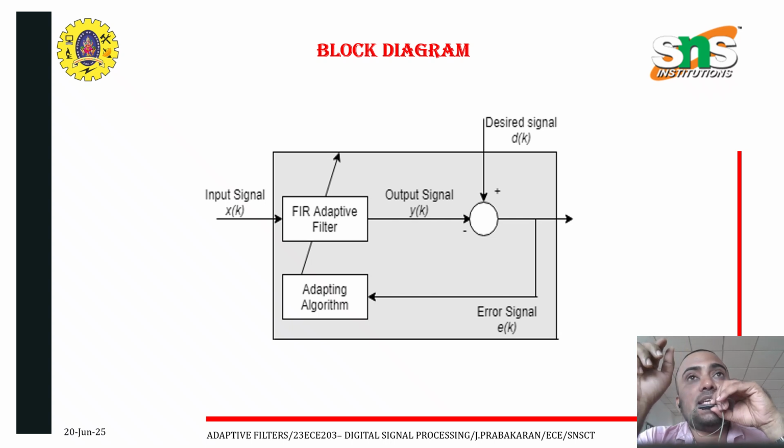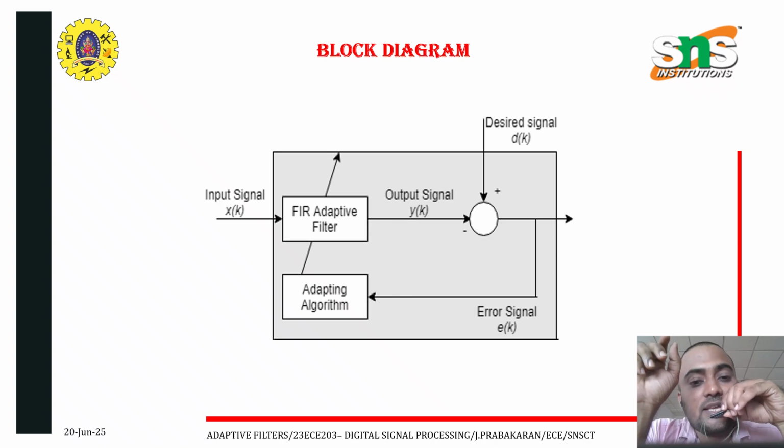x of k is the input signal. This is the signal fed to the filter, and it could be a noisy signal or a reference input signal in the system environment. Another one is the FIR adaptive filter block, a finite impulse response filter whose coefficients change dynamically.